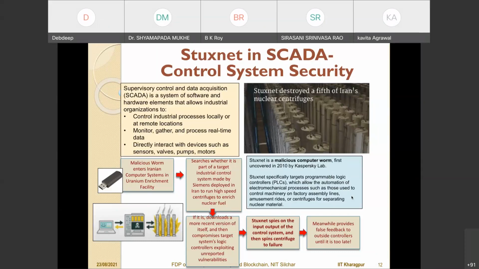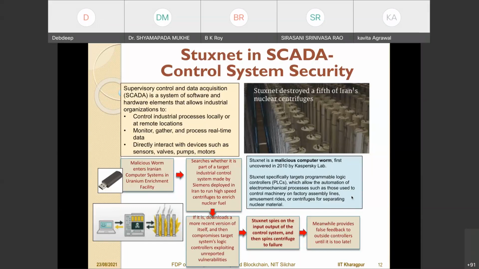Now imagine that one of those people uses them, and the malware enters the Iranian computer systems, and it tries to search the industrial control system to find out whether it can connect to a computing system used in their strategic operations.